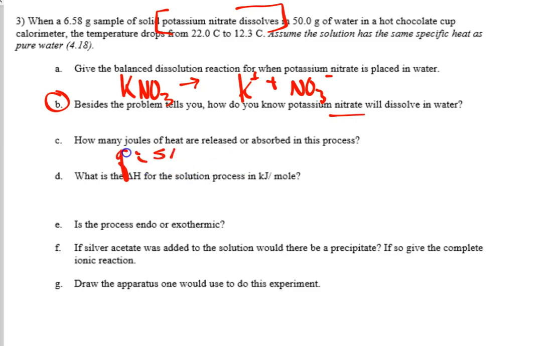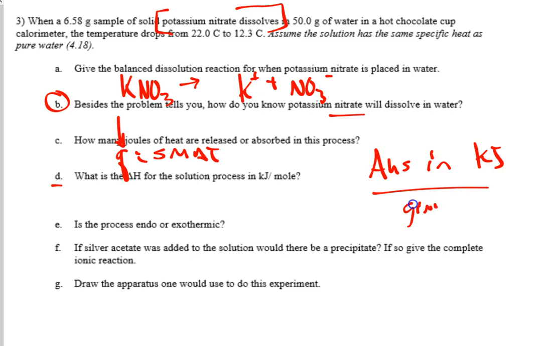Q equals smΔT. You're just solving for Q. This says joules. I won't mark it wrong on this one if you put kilojoules. I'm fine either way. Then in D, remember you take this answer in kilojoules, and then you divide it by the given grams over the molar mass.